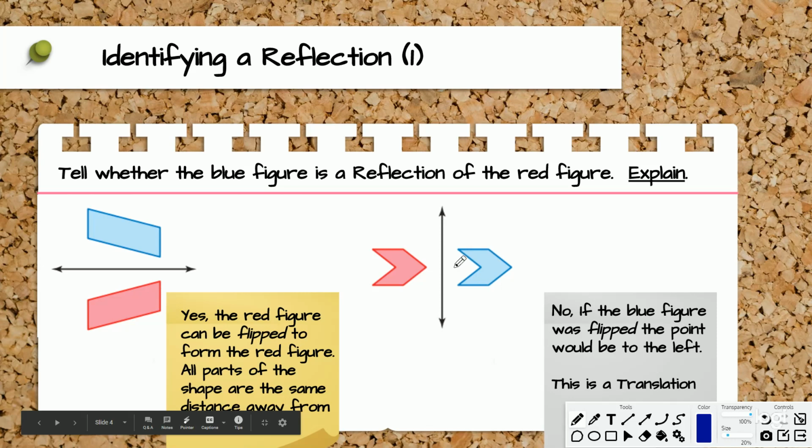It would look something like this, closer. And this is actually just a translation, and it's just moving to the right. So in this example, I explained what the transformation actually is, but we just need to know that it's not a reflection for this one.